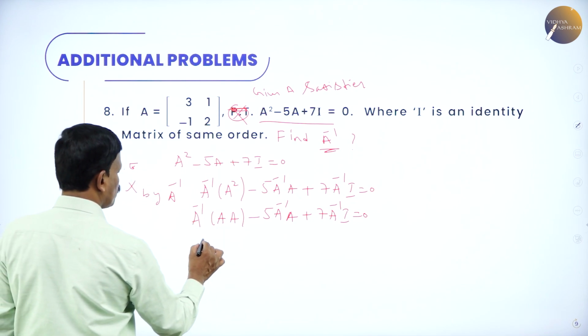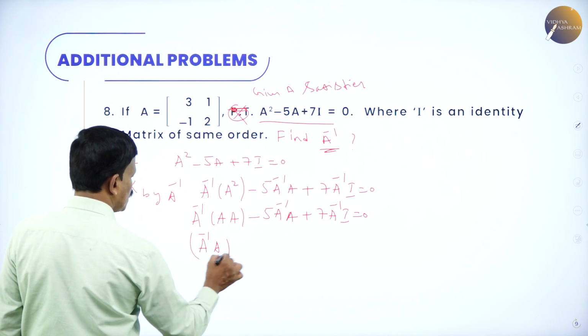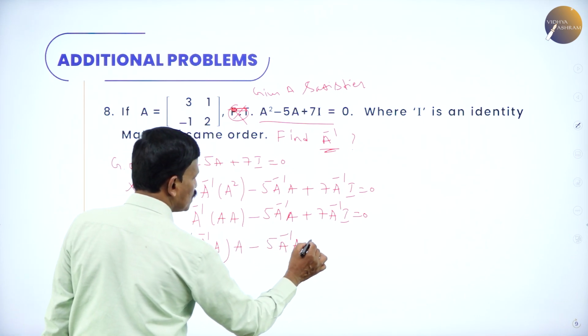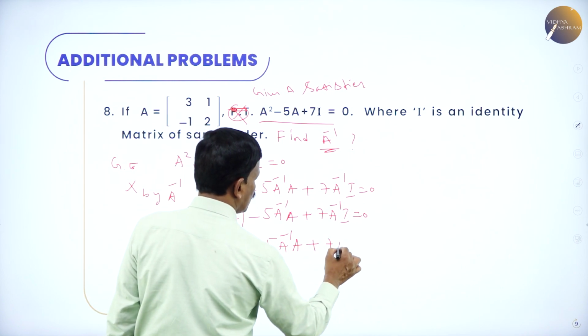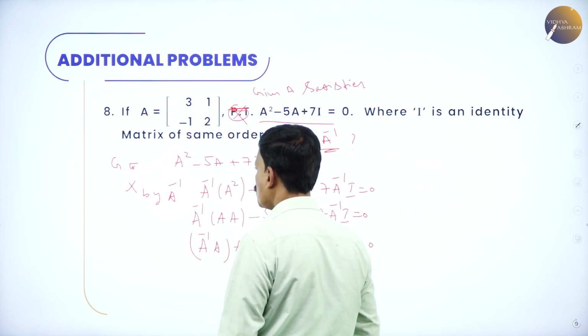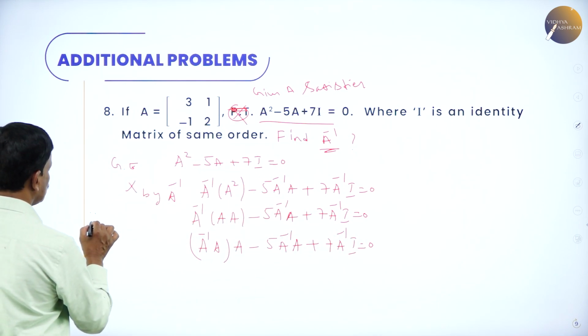Using associative property, interchange the bracket. This can also be written as A inverse into A into A minus 5 times A inverse into A plus 7 times A inverse into I is equal to 0. Now since you know all these properties, just recall them.